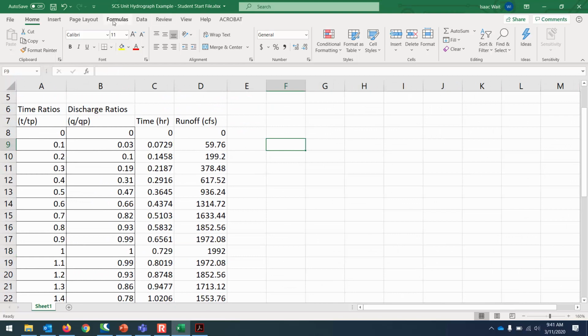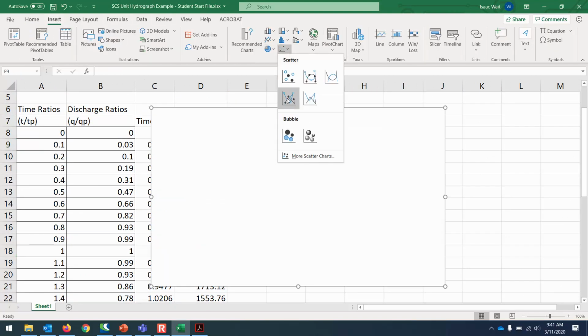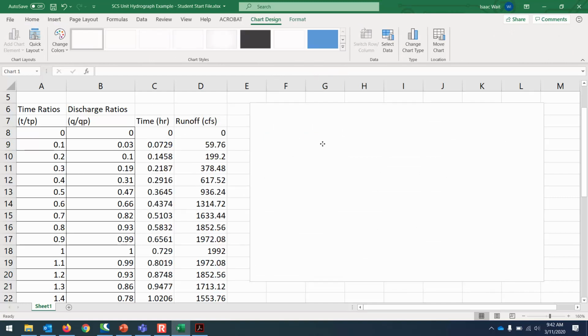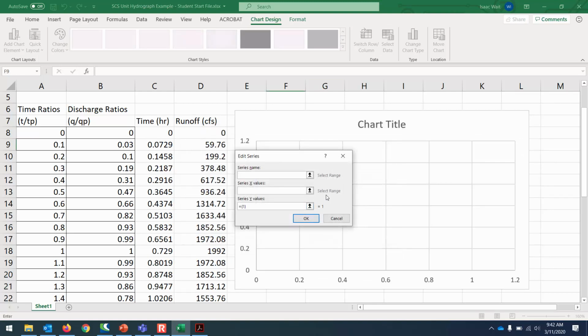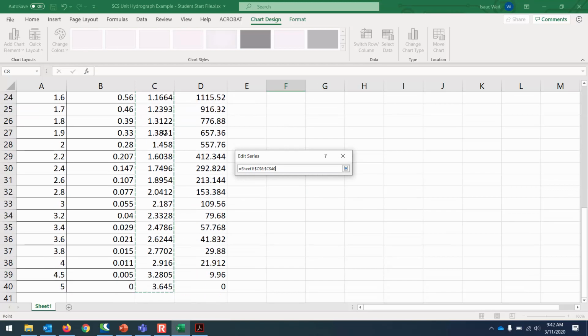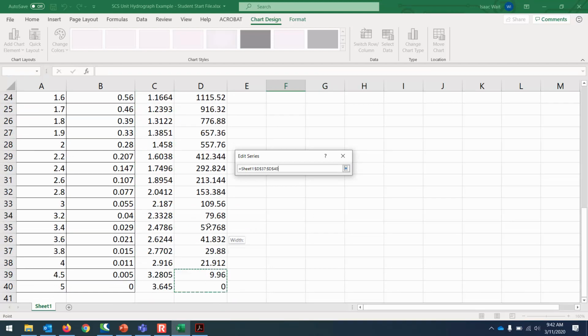And so we could prepare a figure like a runoff hydrograph if we wanted to see it. The input data for that would be along the horizontal, we're going to put time, and along the vertical we'll put runoff.